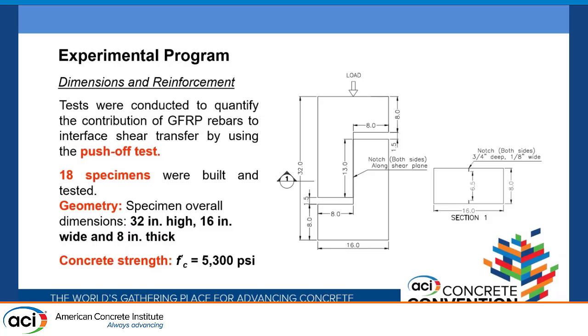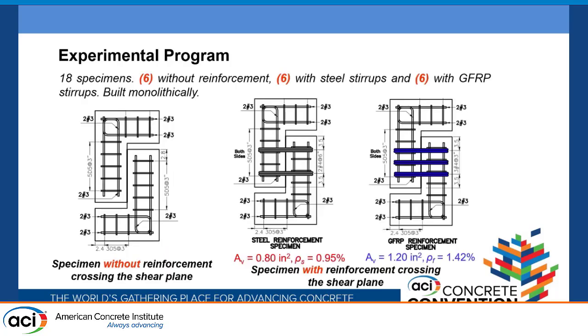The general geometry is 16 inches wide, 32 inches height, and 8 inches thick. All the specimens were built with the same concrete strength, 5,300 psi, and all these 18 specimens were built monolithically.